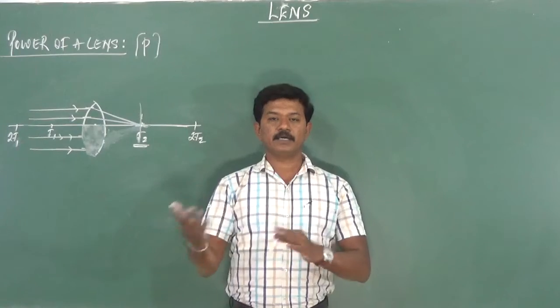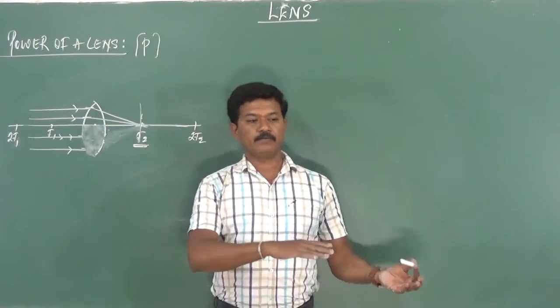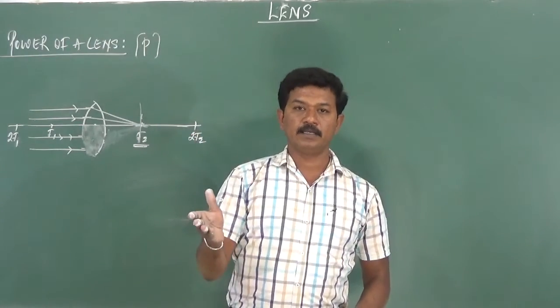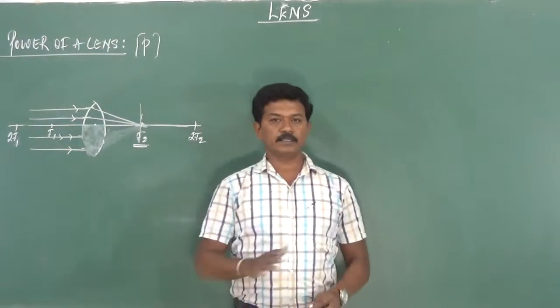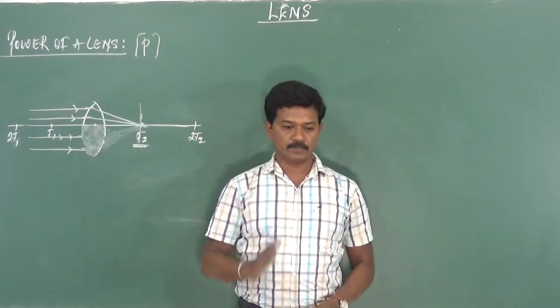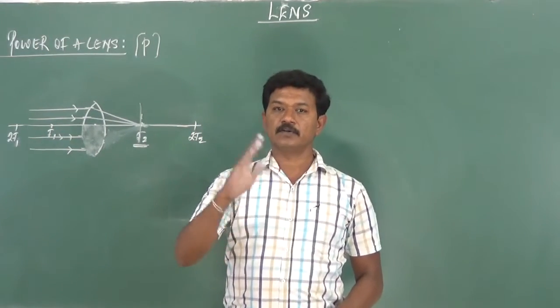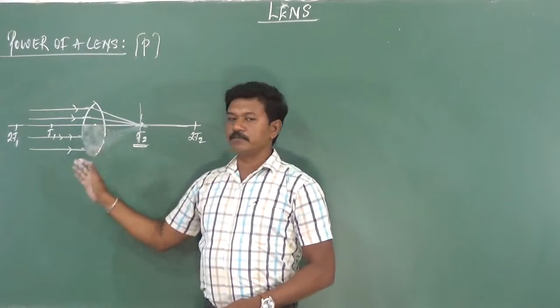It decreased because we have reduced the aperture of the lens. That is, by keeping a black cloth on it, we have reduced the incident light rays falling on the lens. We have covered the aperture of the lens, so we have reduced the percentage of the incident light rays falling on the lens. So we come to a conclusion here.